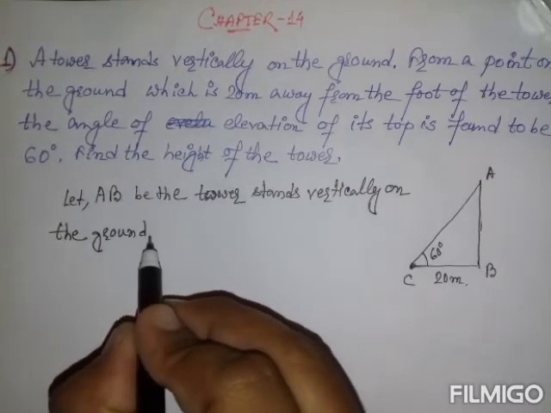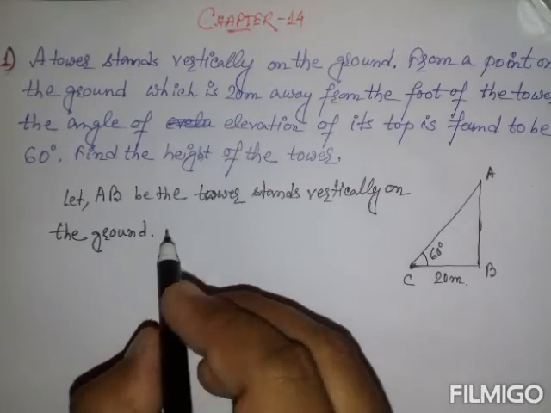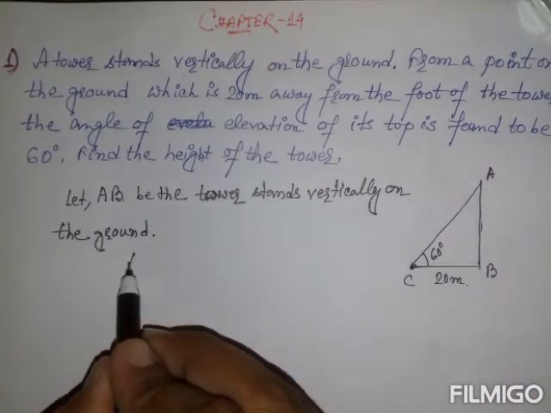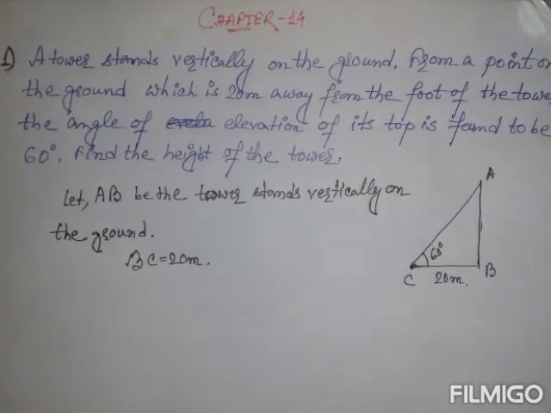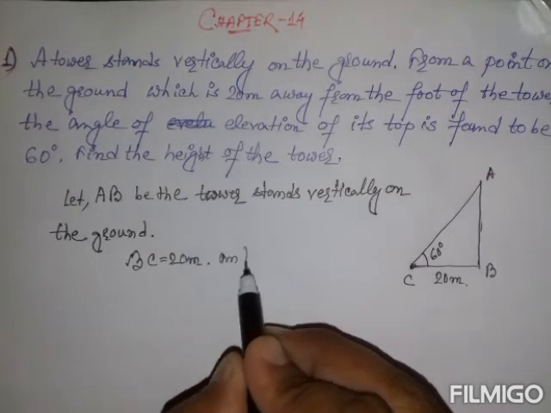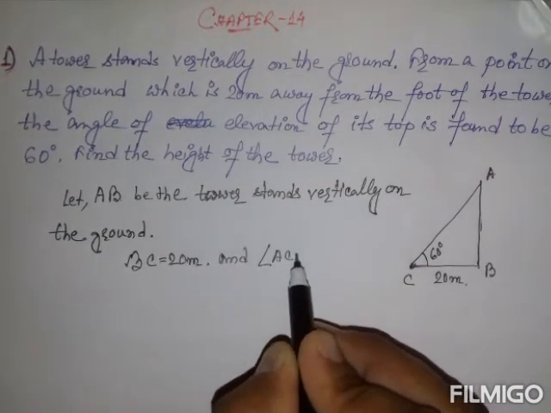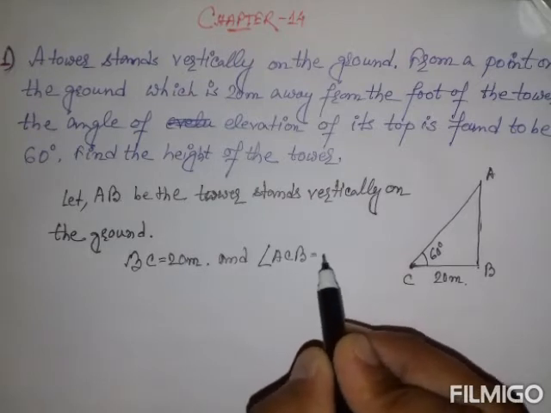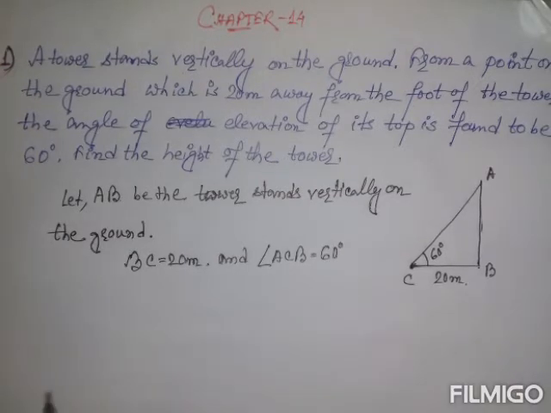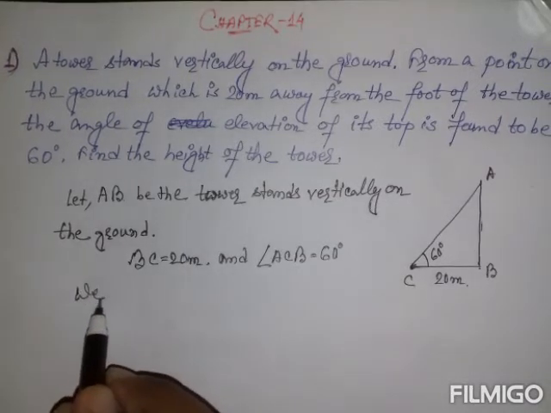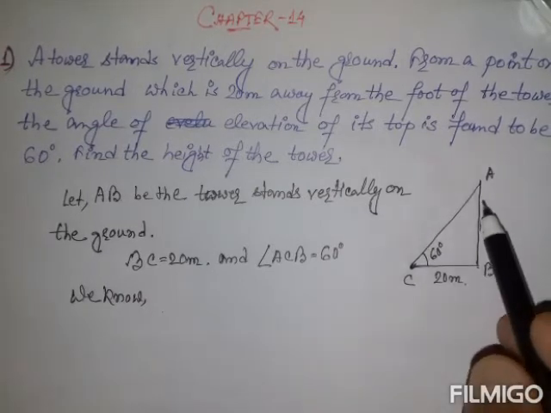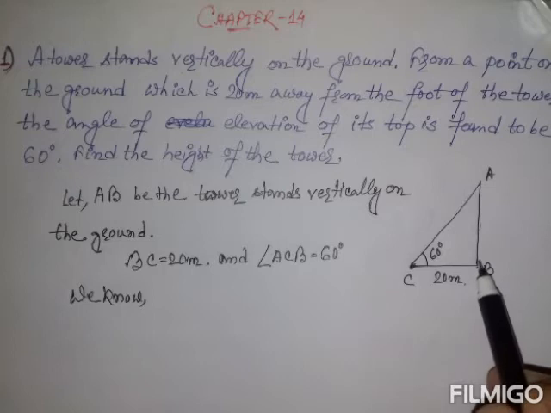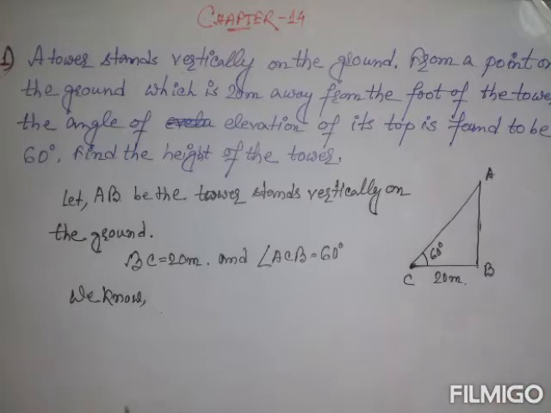Okay. Now BC is equal to 20 meters and angle ACB is equal to 60 degrees. So we know it is the perpendicular, so angle ABC is equal to 90 degree, so it is a right angle triangle.